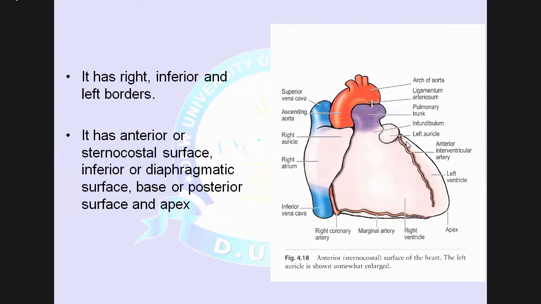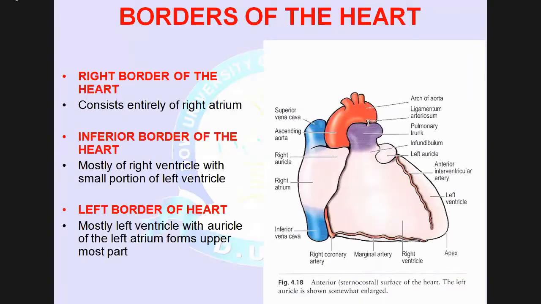The posterior surface is formed of the left ventricle. The inferior border of the heart is formed of the left ventricle.